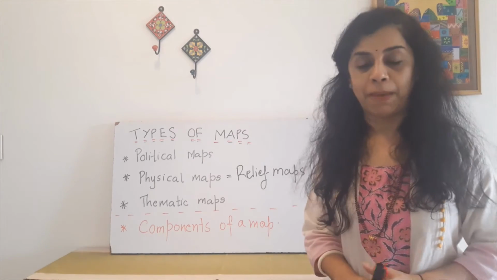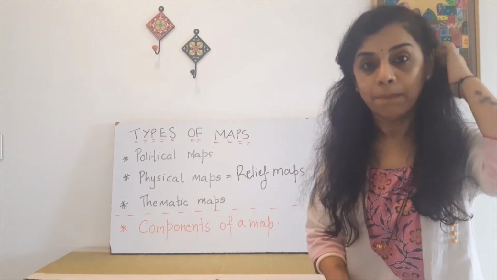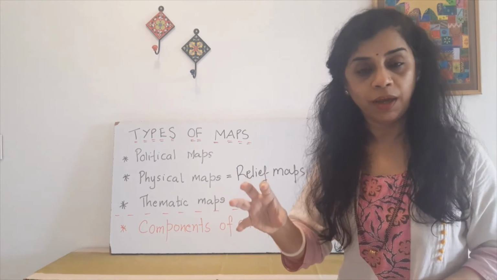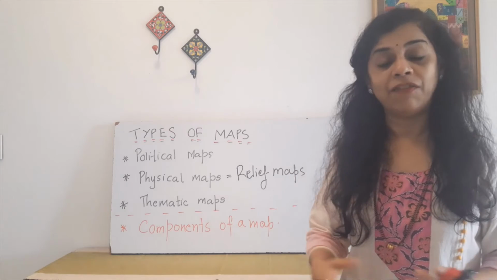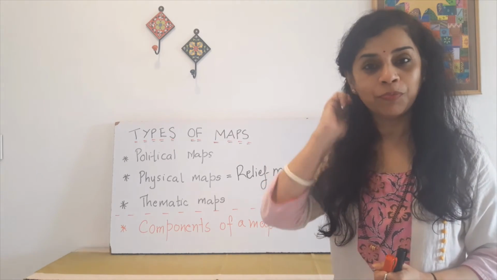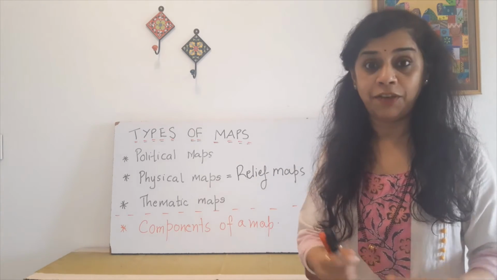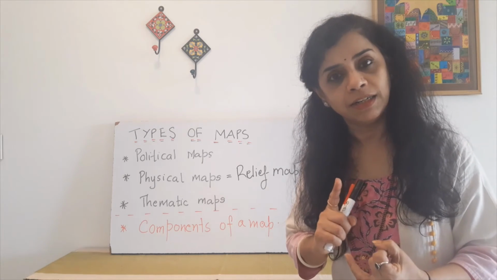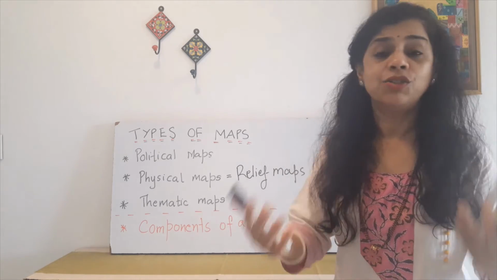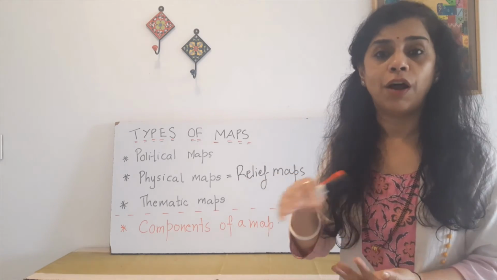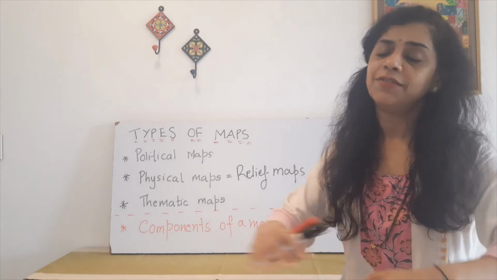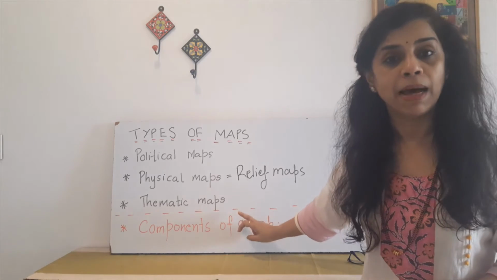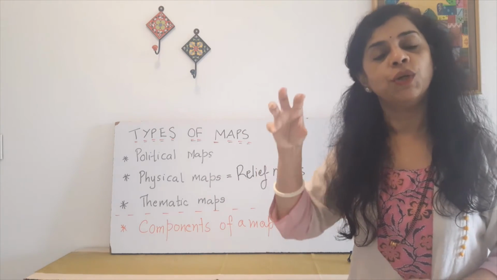What are thematic maps? Thematic maps are maps which focus on a theme. See, for example, when we have our annual gathering in school, we sometimes have a theme, say festivals, and all our dances, our songs, our skits, all revolve around that theme. Similarly, a thematic map focuses on a particular theme.